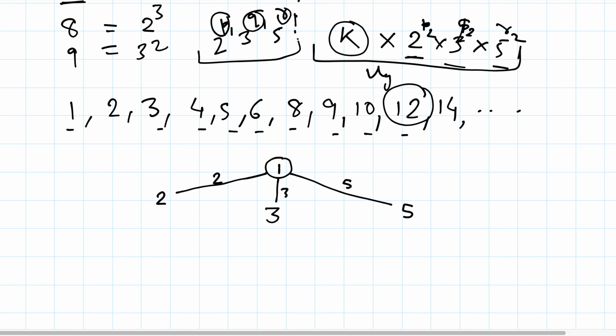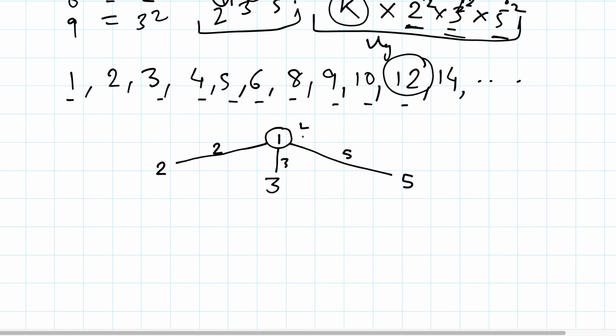So again this can be represented as some power of 2, 3 and 5. So multiplying any ugly number by either 2 or 3 or 5 or multiple of them will again form an ugly number.